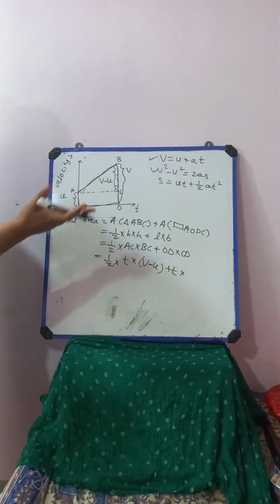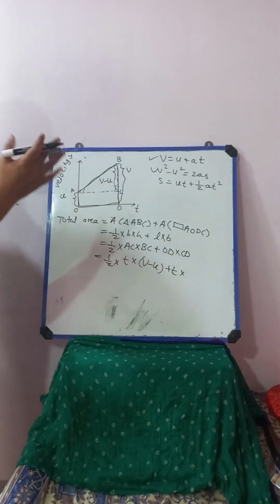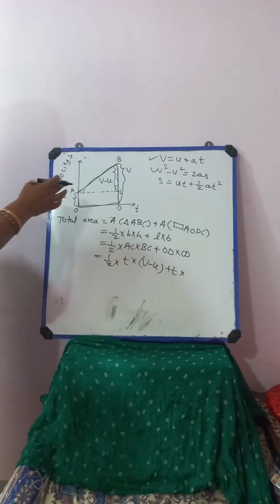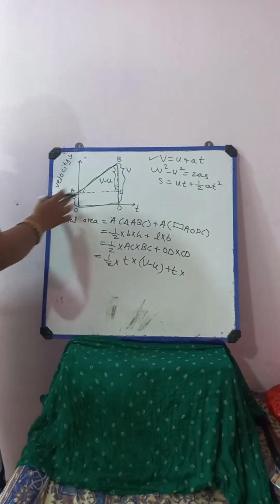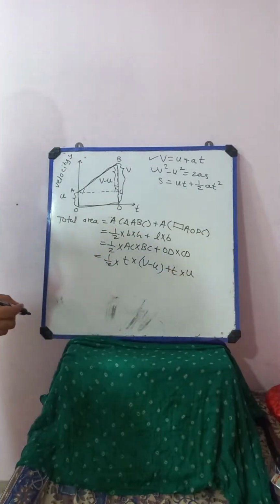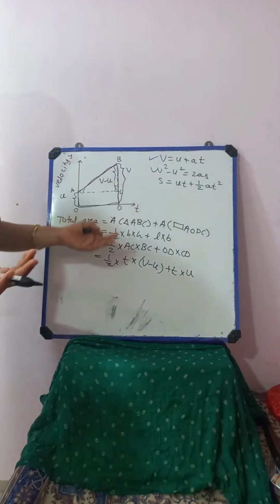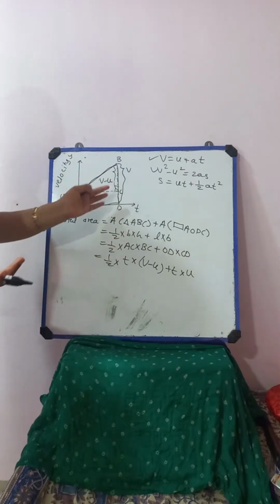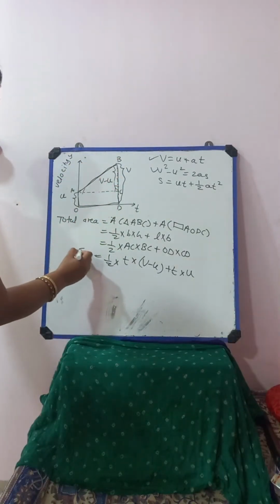CD and AO are the same because in a rectangle opposite sides are equal and parallel. So AO is U, then CD is also U. So I will write here U. And total area is S here, so I am writing here S.